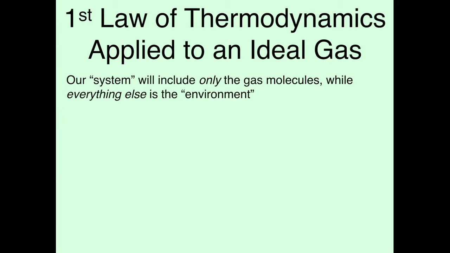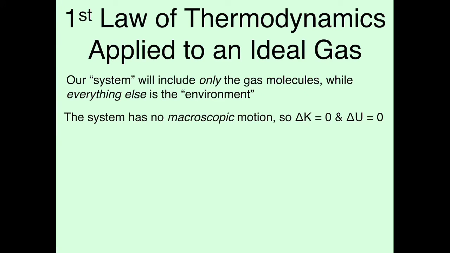So maybe it's a container of gas just resting on the table, let's say. And because it has no macroscopic motion, what we would say is delta K is equal to 0, so no kinetic energy changes, and delta U is equal to 0, no potential energy changes either. But you may be thinking, well, the gas molecules themselves have some energy because they're moving around, and that's true, but that's what we call internal energy, and we're going to account for that energy with internal energy.